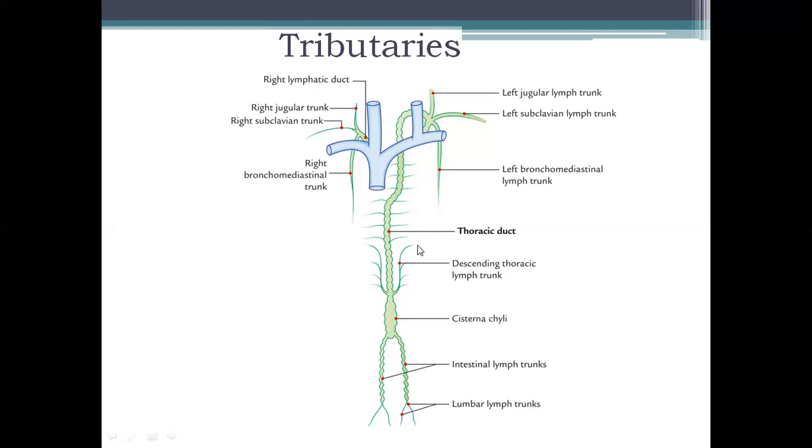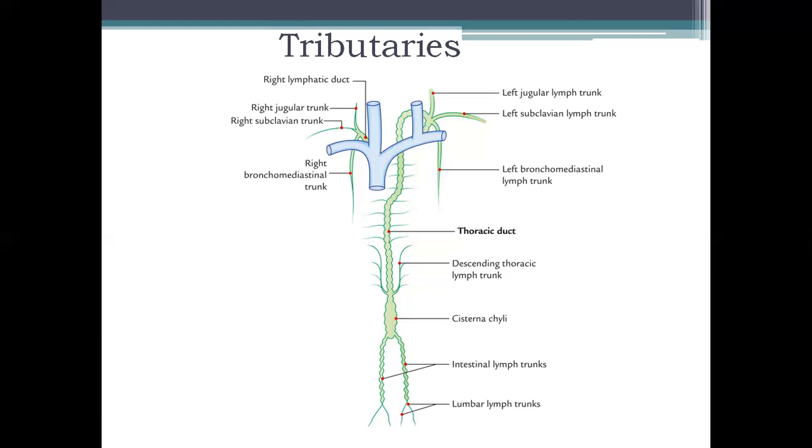These descend downwards and are called descending lymph trunks. What's there again? Lymph vessels from the posterior mediastinal lymph nodes. As the thoracic duct passes through the posterior mediastinum, we'll also have lymph vessels from those posterior mediastinal lymph nodes.